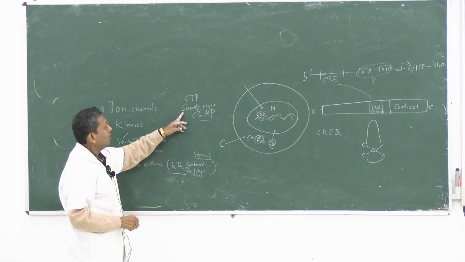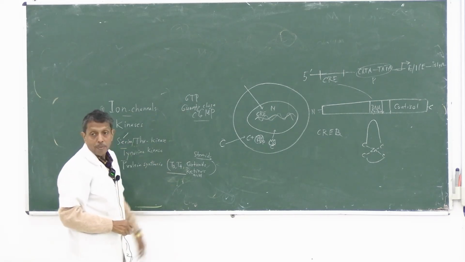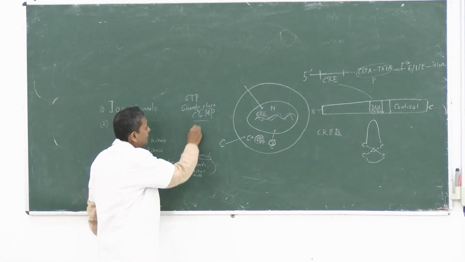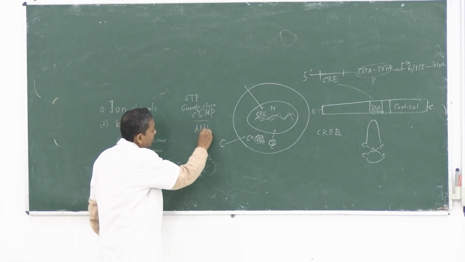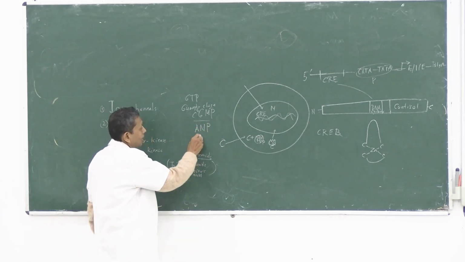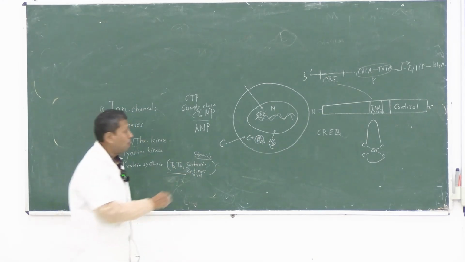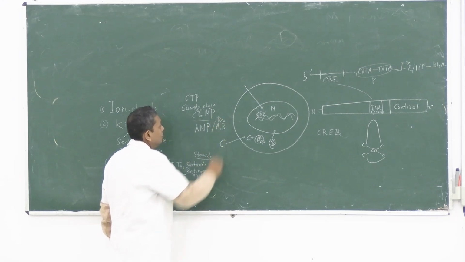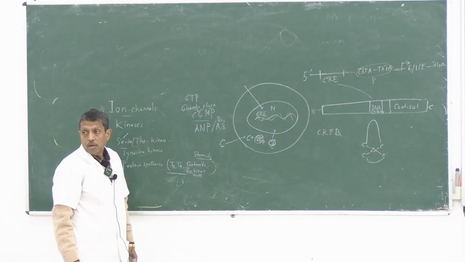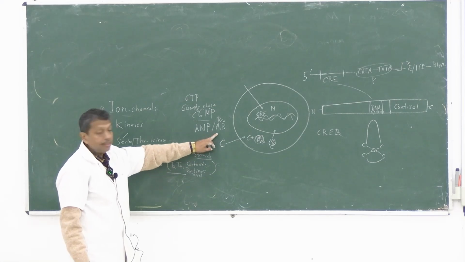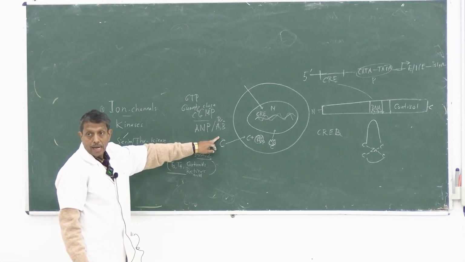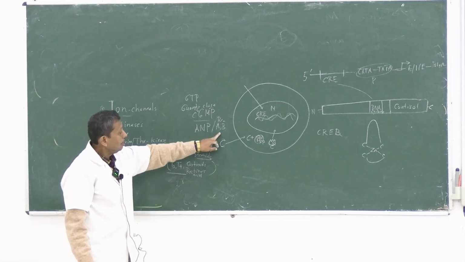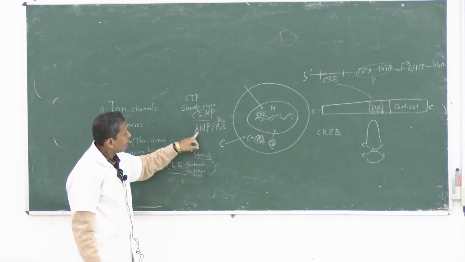And this guanylate cyclase may be membrane bound, where there are receptors and ligands. In this case it is the ANP, atrial natriuretic peptide, and for it there are A and B type receptors. Also the gastrointestinal peptide guanylin and the E. coli toxin receptor behave in this way.